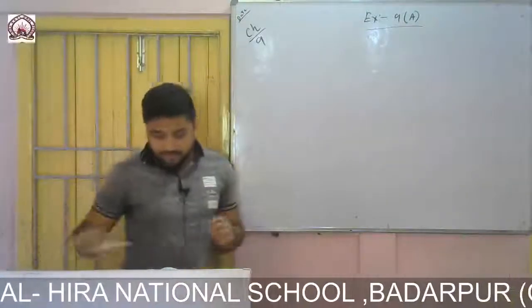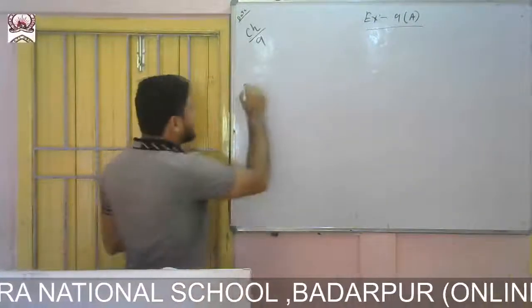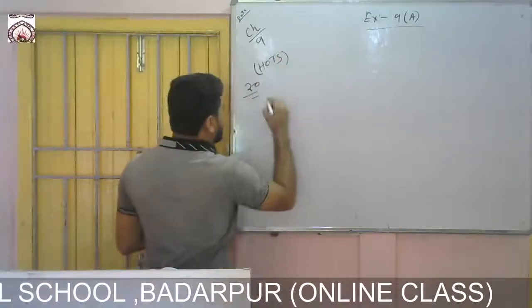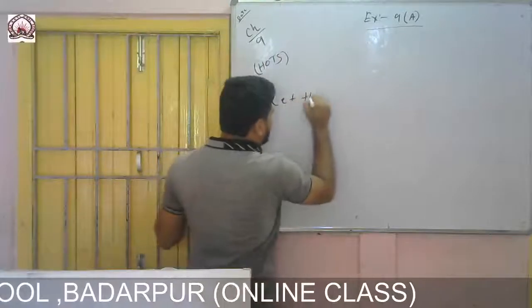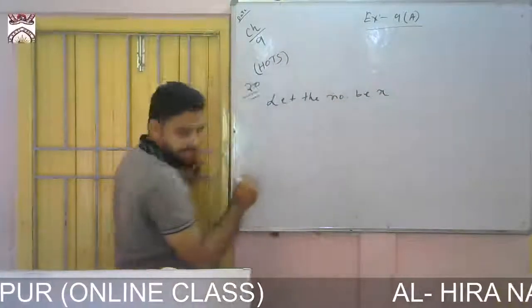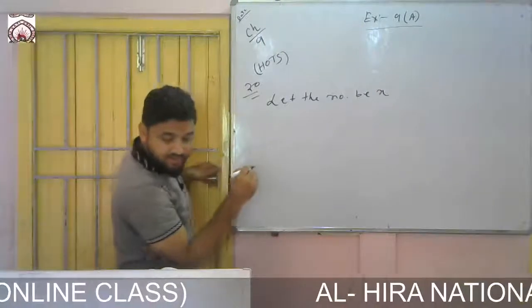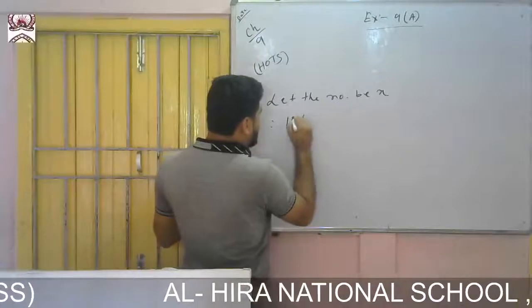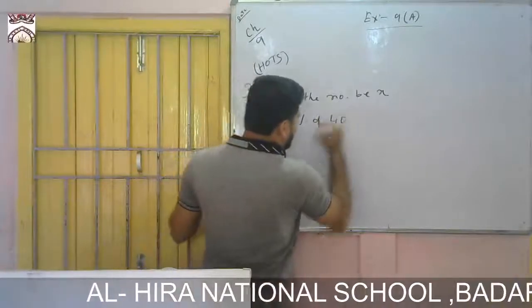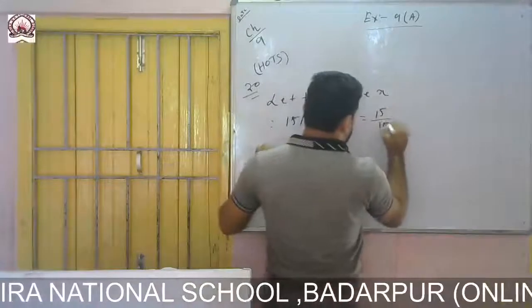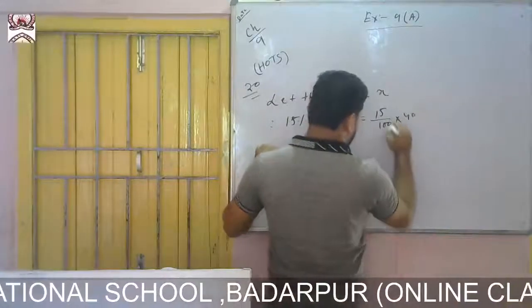So see question number 20. Let the number be X. Therefore, write 15% of 40. 15% of 40 will be 15 by 100 into 40.